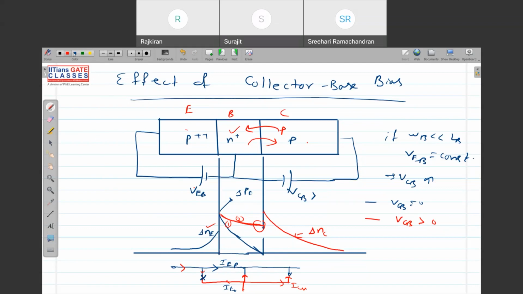So this is your ICP. So you can see the holes have been injected like this. The electrons are also flowing like this.